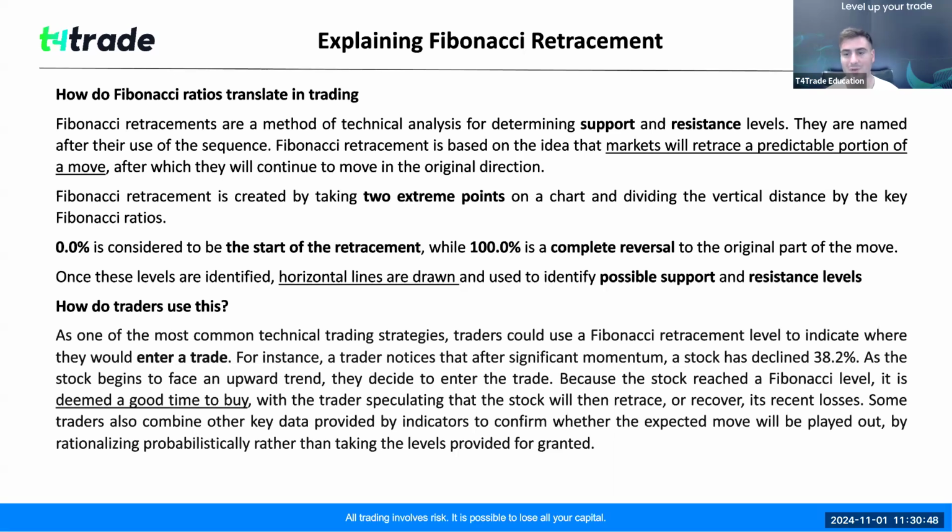So you use this information with many other technical tools that you have at your disposal in order to get convergence or confluence, seeing that there is an alignment, and therefore you have a higher probability that your trade is going to be beneficial, if and only if you do your analysis correctly and the market gives you that opportunity.